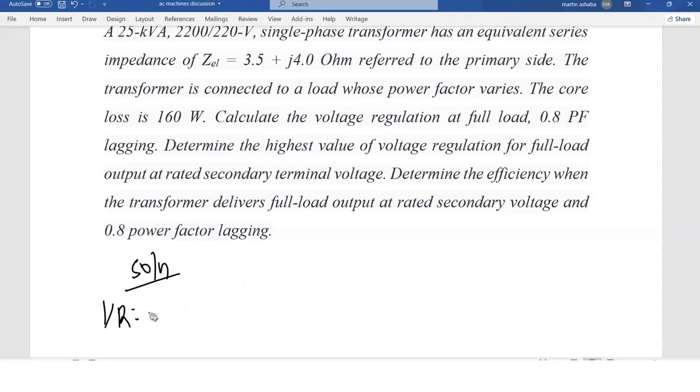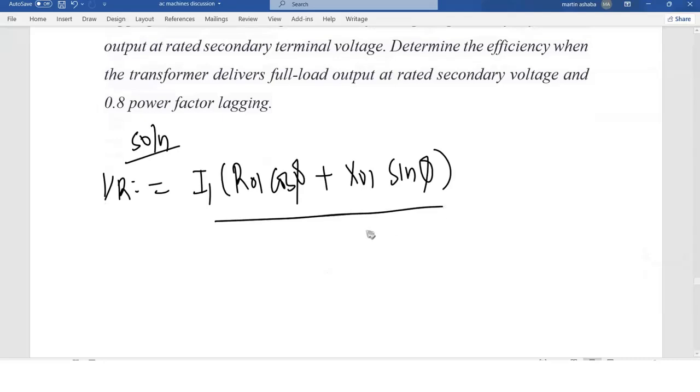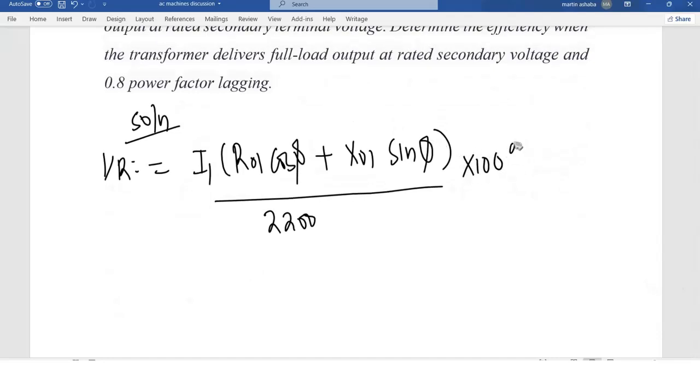If we are talking about the impedance referred to the primary side, the voltage regulation is I1 times R01, the resistance referred to the primary, times cos phi, where phi is the power factor angle of the load, plus X01, the inductive reactance referred to the primary, times sin phi, divided by the full load primary winding voltage rating, which is 2200. We multiply this by 100.